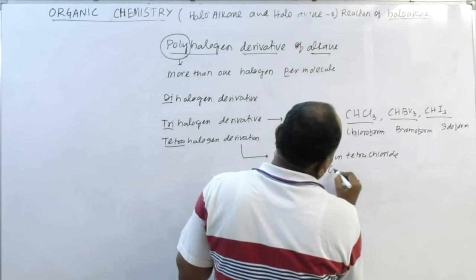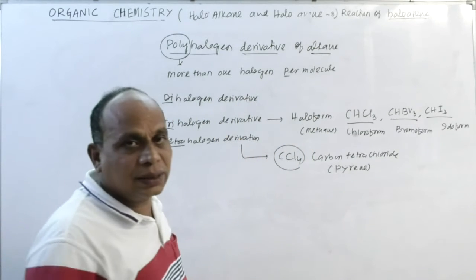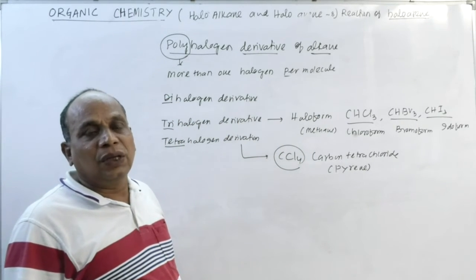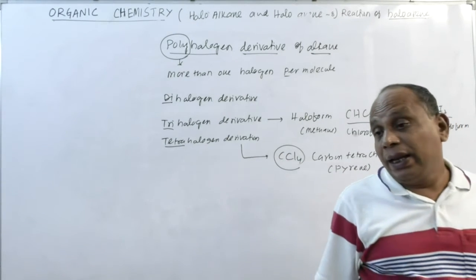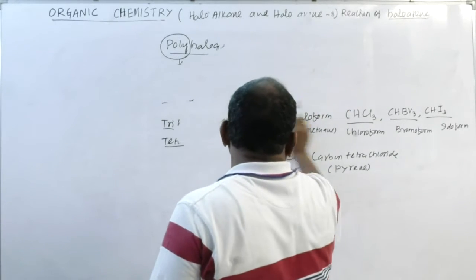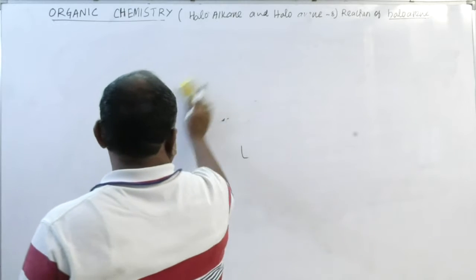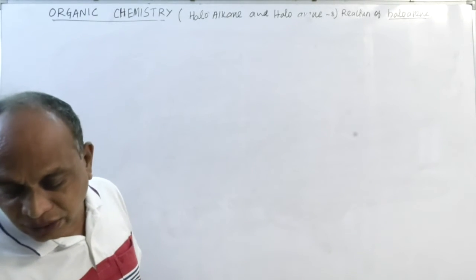And this is known as pyrene. So these are the polyhalogen chloro derivatives of alkane, and what are the uses and environmental effects on the environment, air and also humans.